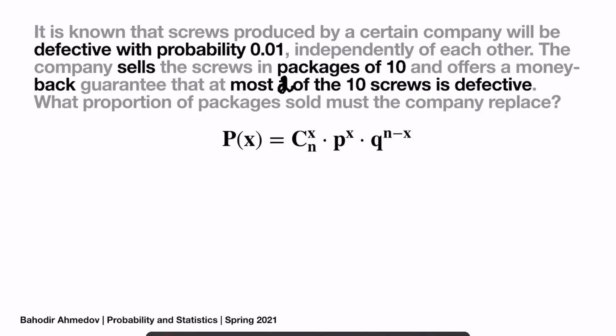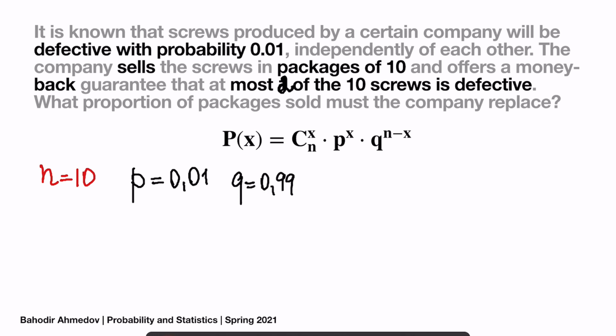So let's calculate this. This is exactly the binomial distribution, where n, the number of trials, is equal to 10, because you've got 10 screws, right? The probability that one of the screws in your package is defective is always the same, 0.01. And the probability that it is not defective is 0.99.